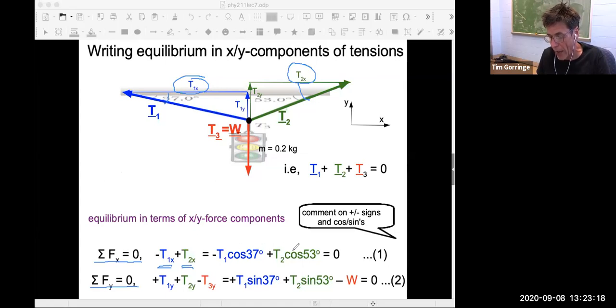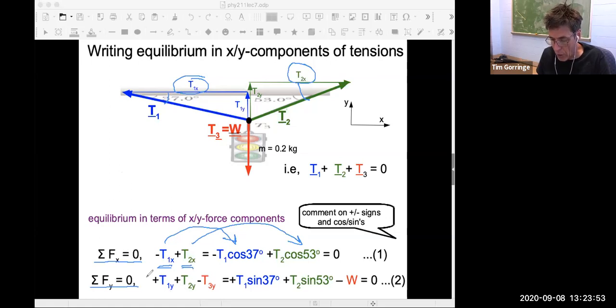And T2x is T2, the magnitude of the tension, times the cosine of 53 degrees. And so I just expanded these components in terms of the unknown tensions, that's T1 and T2, and the known angles.